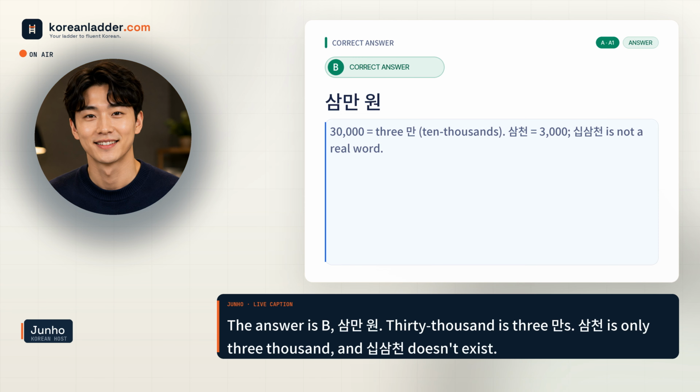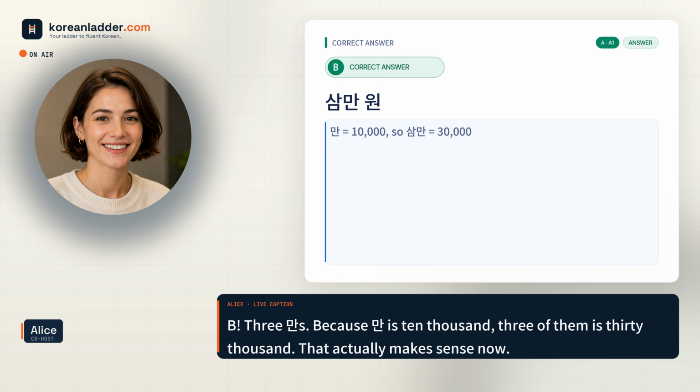The answer is B, 3만 원. 30,000 is 3만. 3,000 is only 3,000 and 13,000 doesn't exist. Because man is 10,000, 3 of them is 30,000. That actually makes sense now.